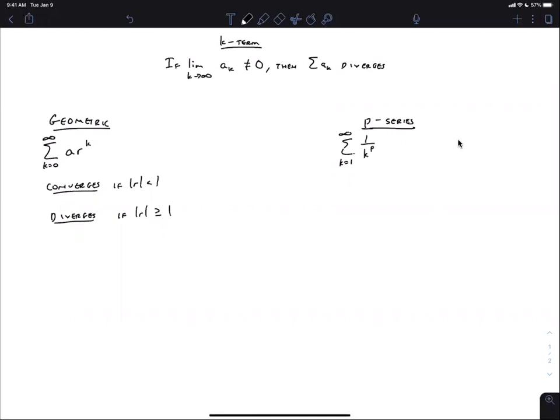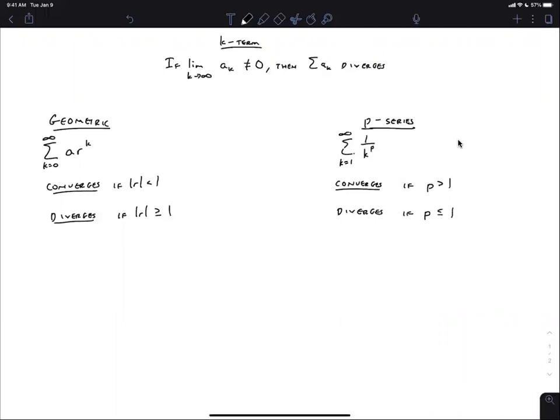So if you have that, this converges if P is bigger than 1. And it diverges if P is less than or equal to 1. So if P is 1, that's the harmonic series because it's 1 over k to the first.